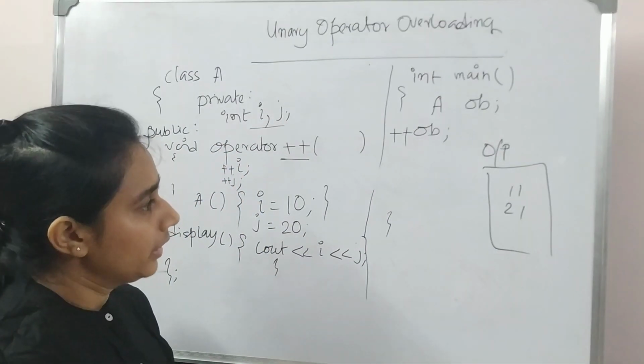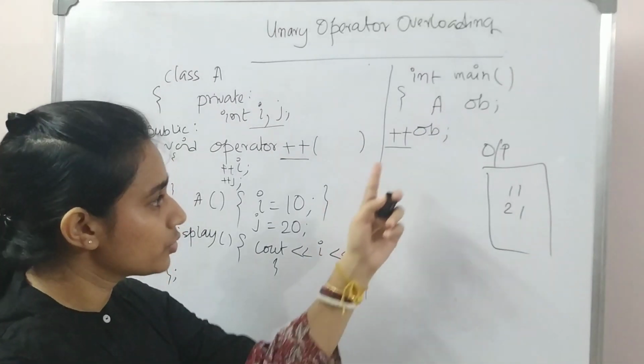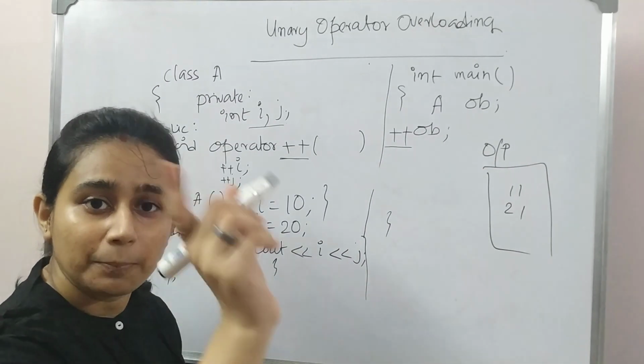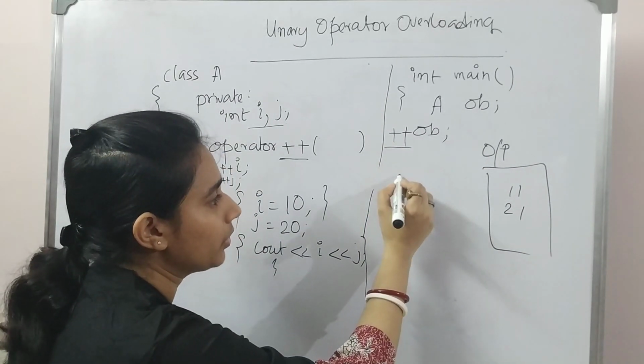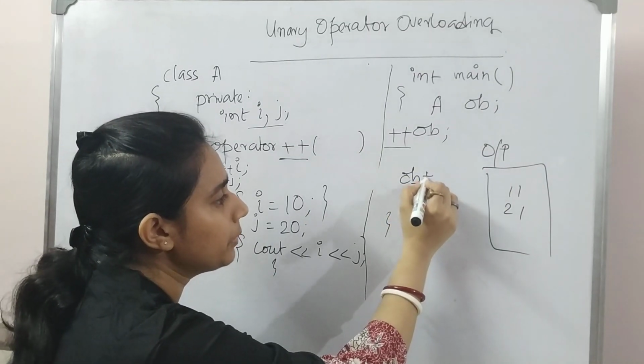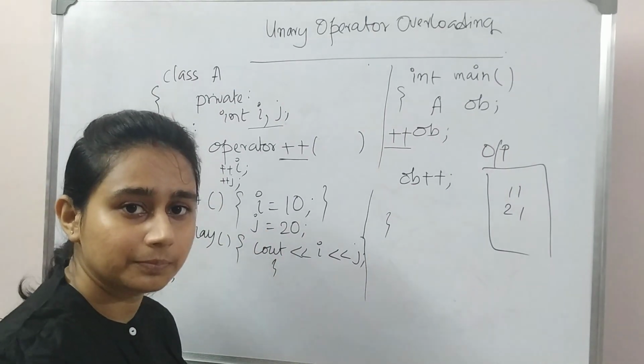Okay. Now this one is pre-increment. I am using that increment operator as pre-increment. Now think one thing. If I am writing ob++ here, what will be the answer? Same?